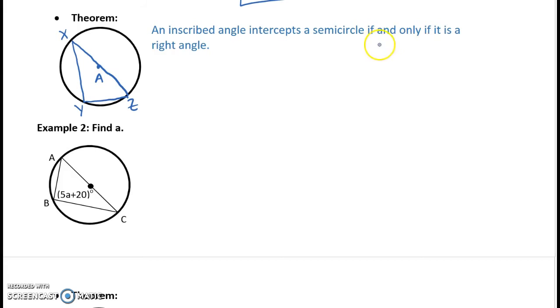So you notice this is a biconditional because it has an if and only if, which means it goes both ways. So we can say if xz is a diameter, then the measure of angle xyz is 90. Or we could actually just say angle xyz is a right angle.